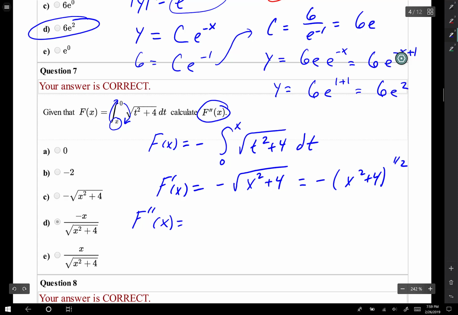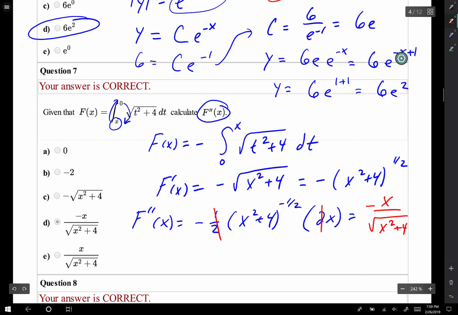So here we go. Negative 1/2. Leave the inside alone. Subtract 1, so negative half, times the derivative of the inside. So rewriting it, those two guys cancel out. You get x over square root x squared plus 4 with a negative on the outside.